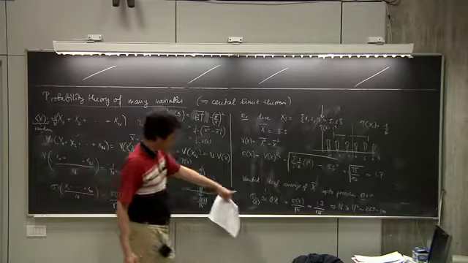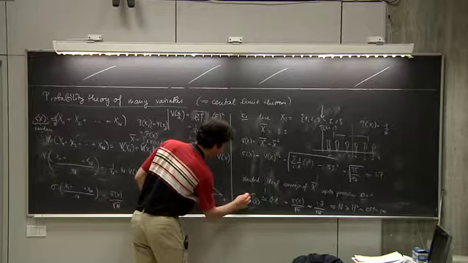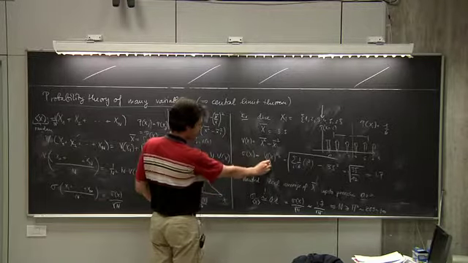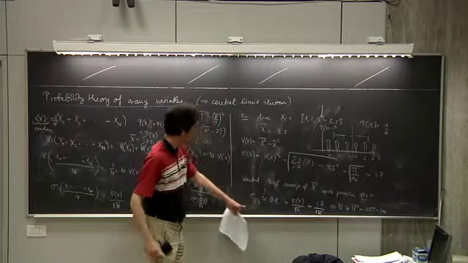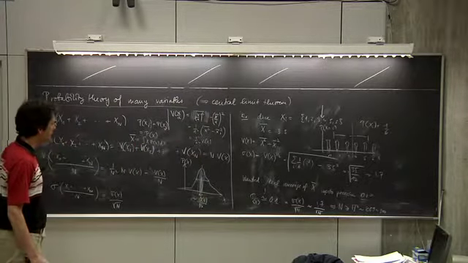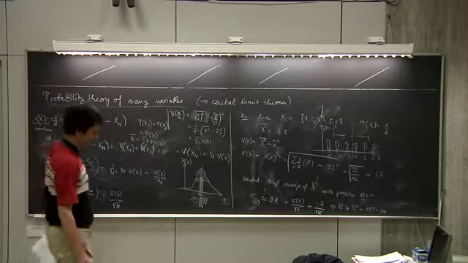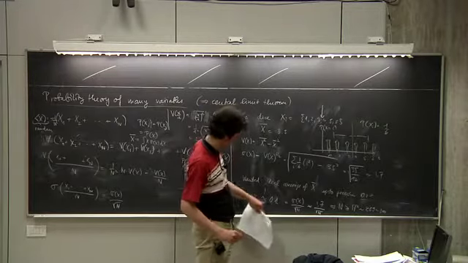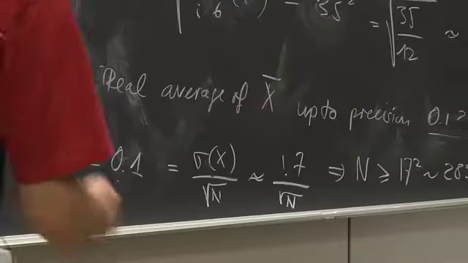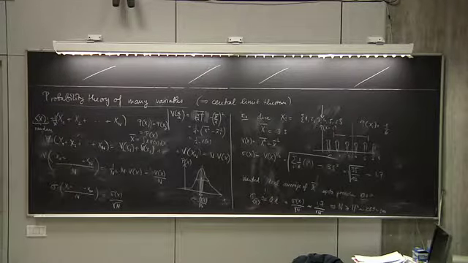So if I write sigma of this object, what I mean is the square root of the variance of that random variable, which we express through the variance of each random variable that enters into the definition of this thing. Is it clear?